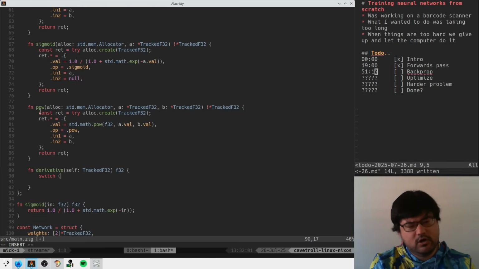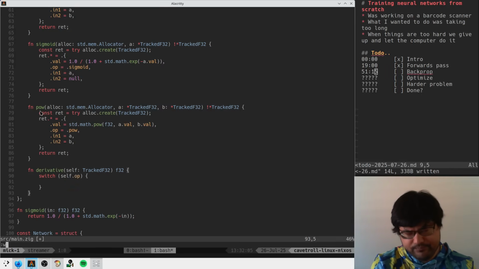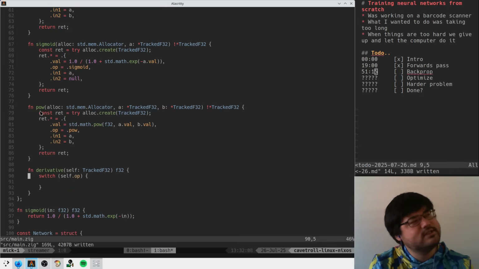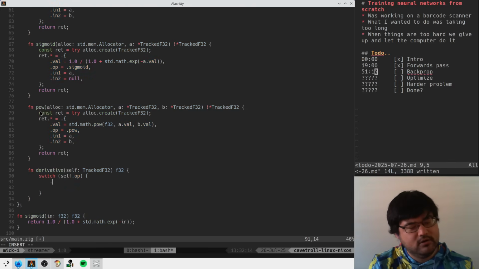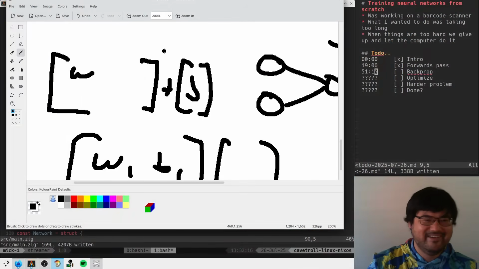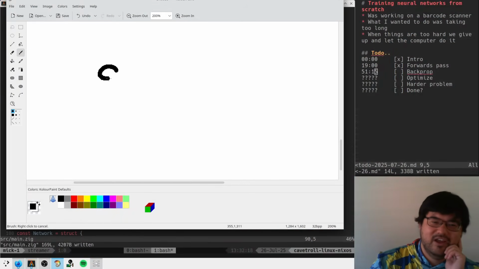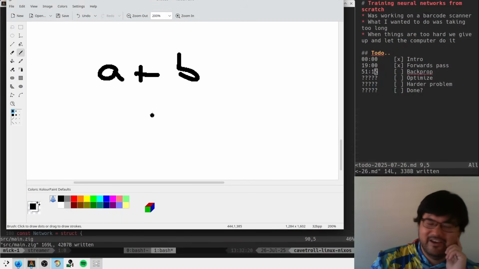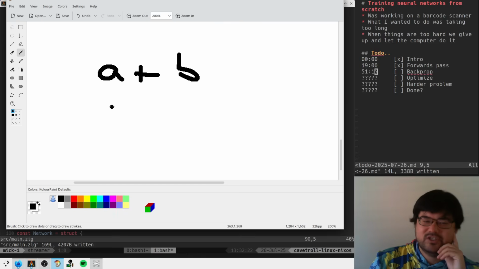So, switch on our operation, right? The derivative is going to be different for each one. And I guess we need to think about, okay, if I do A plus B, how much does a change in A affect the final answer?